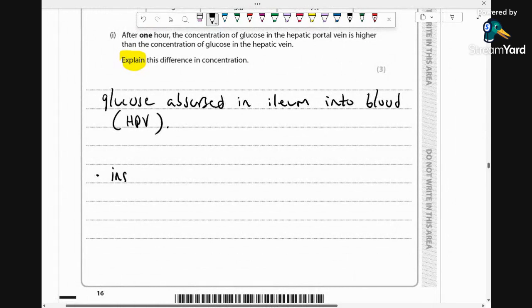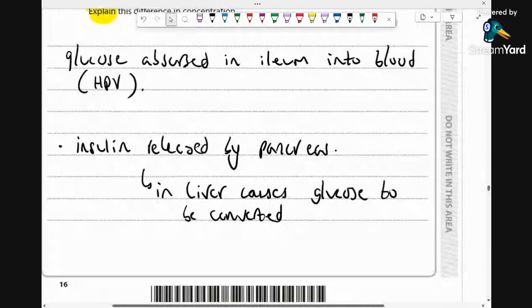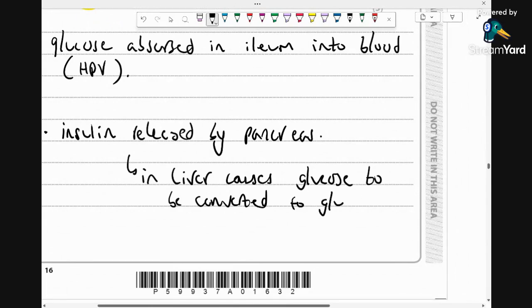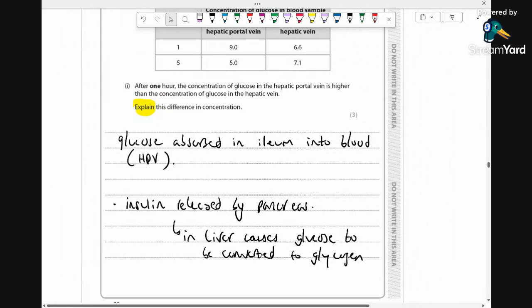So insulin is released by the pancreas, and in the liver causes glucose to be converted to the storage polysaccharide of glycogen, which would be another reason why the hepatic vein has less glucose in it.